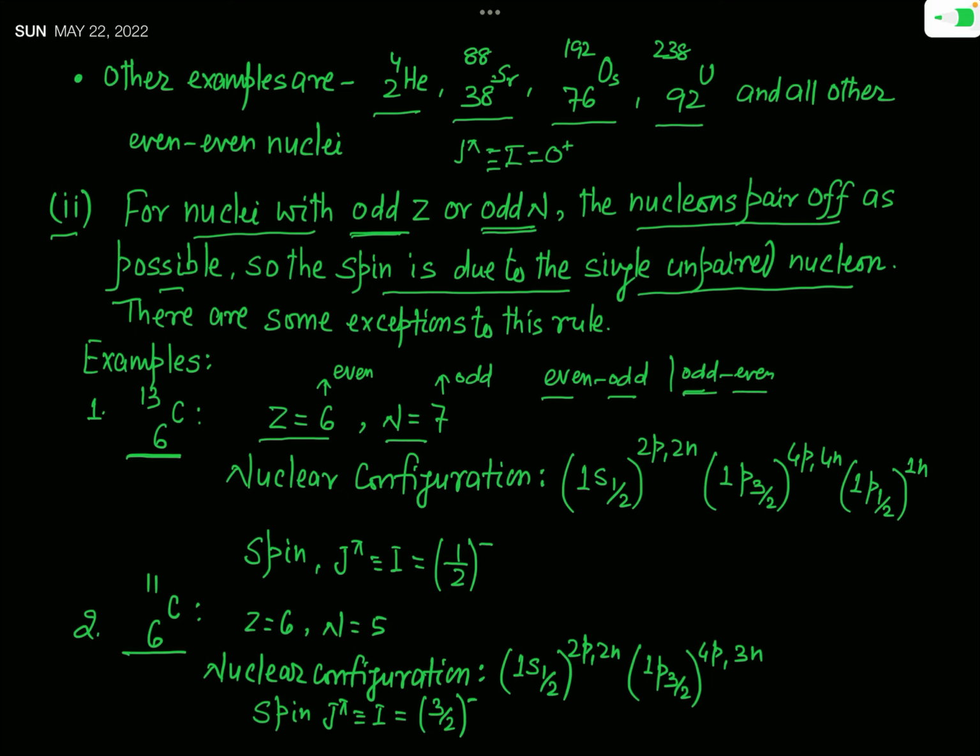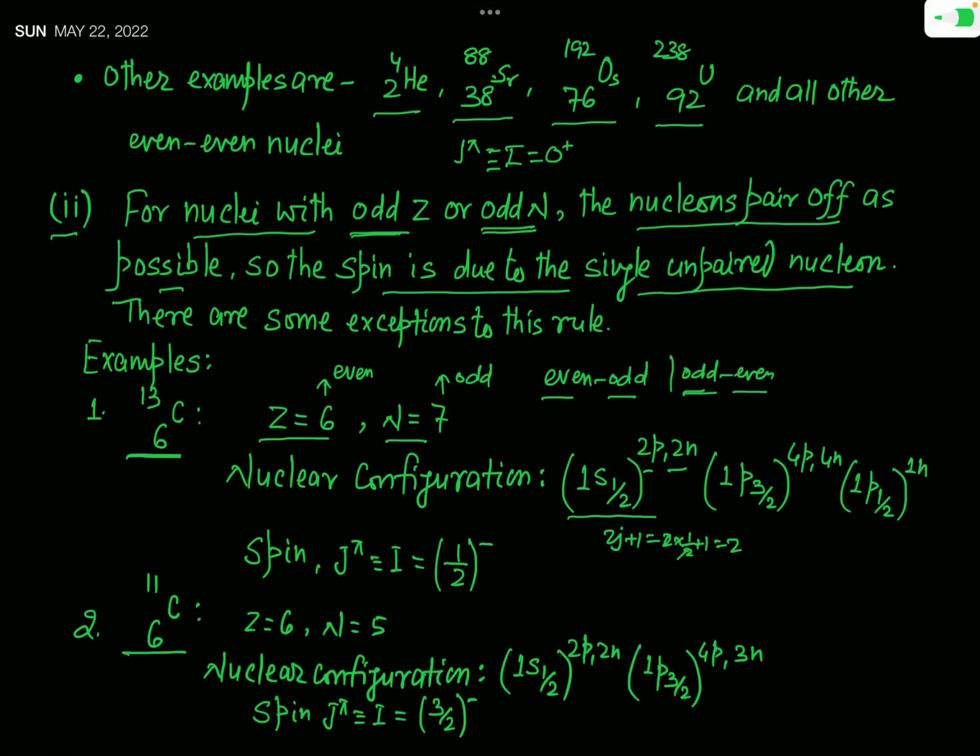Now let us write the nuclear configuration of this nucleus. You can see this is 1s1/2, 1p3/2, 1p1/2. Half means j, and you know the number of nucleons is found by the formula 2j plus 1. So this will be 2 into half plus 1, and that will be equal to 2. So in this first subshell, 2 protons and 2 neutrons are lying.